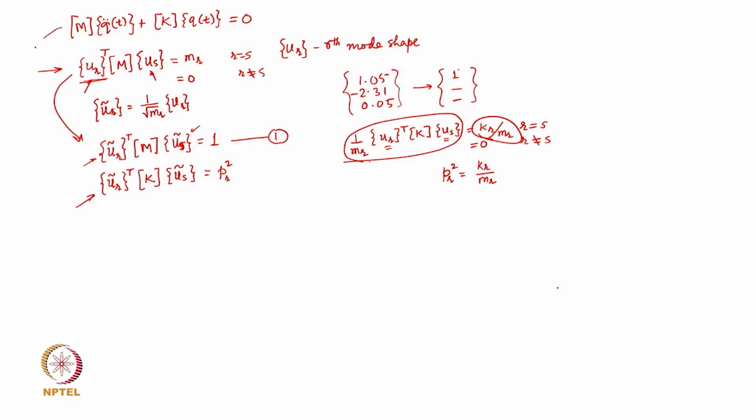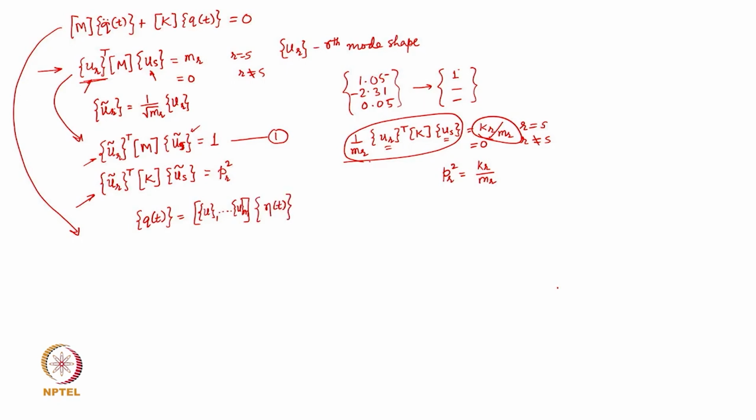Now, coming back to this equation, what is our modal transformation that we defined? This was equal to the individual modal vectors, U1 up to UN, multiplied by the principal coordinates eta(t).